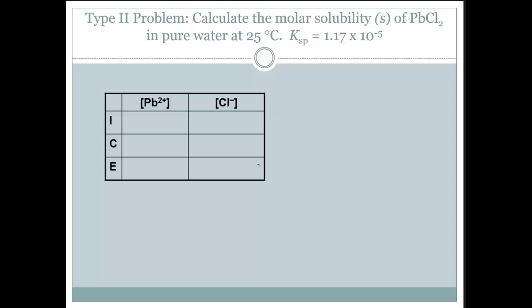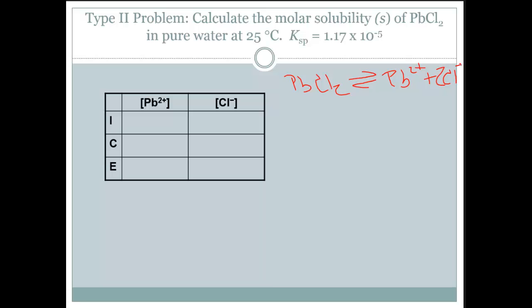Calculate the molar solubility of lead chloride in pure water at 25 degrees Celsius given the KSP of 1.17 times 10 to the negative 5. First thing we want to do is figure out what the equation is. PbCl2 breaks down to Pb2+ and 2Cl-.